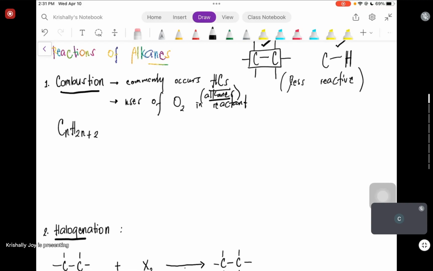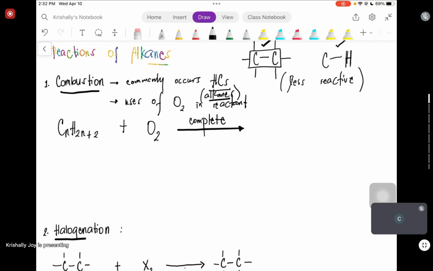So any alkane, if this is reacted with oxygen on the reactant side, then that could cause combustion to proceed. Now we have two types of combustion: the complete combustion and the incomplete combustion. So when is the combustion classified as complete? When will it be incomplete? It depends on the sufficient supply ng oxygen in the reactant.